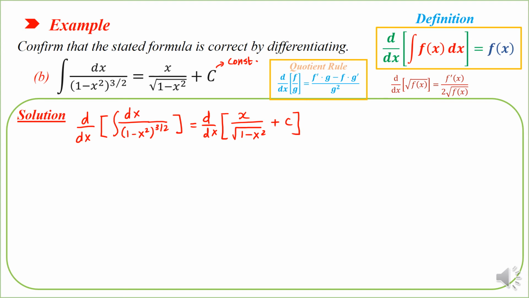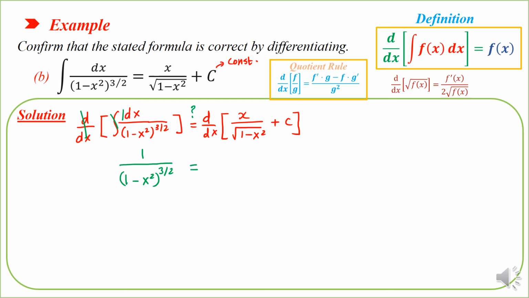Now on the left hand side, since we are talking about the derivative of the integration, the signs will cancel each other and you will get the function inside, and the function is 1 over 1 minus x squared to the power 3 over 2. Now you have to check if the derivative in the left hand side equals the derivative in the right hand side.